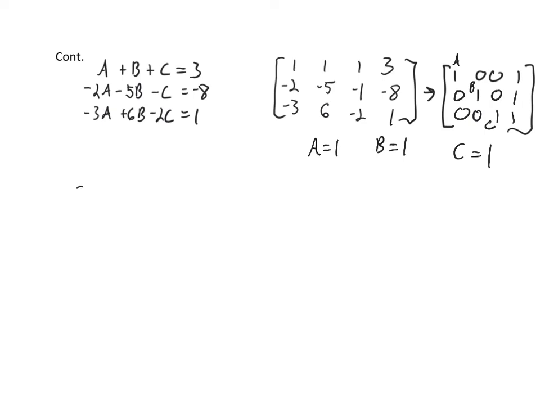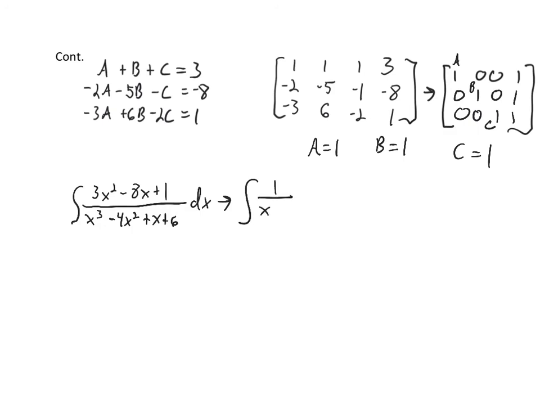So we're taking the original indefinite integral, 3x squared minus 8x plus 1 over x cubed minus 4x squared plus x plus 6 dx, and we can rewrite that as 1 over x minus 2 plus 1 over x plus 1 plus 1 over x minus 3 dx.